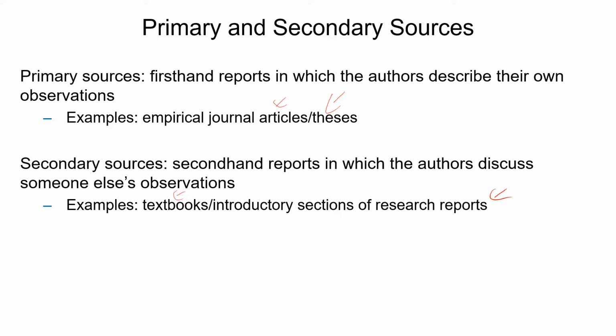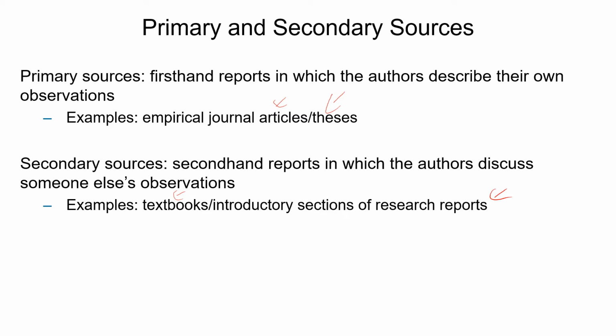So a secondary source is where someone else is citing a primary source in order to use their work, the other person's work, to support the work that they're doing.